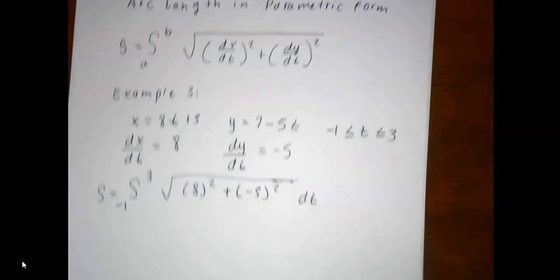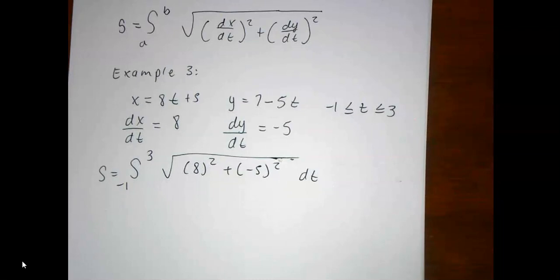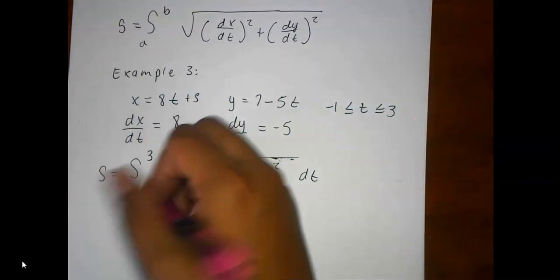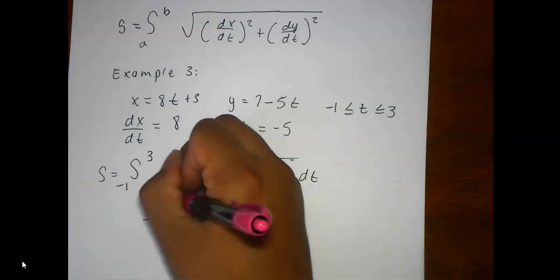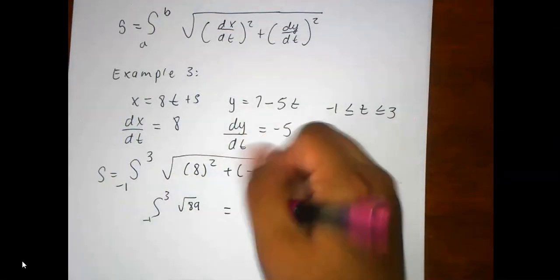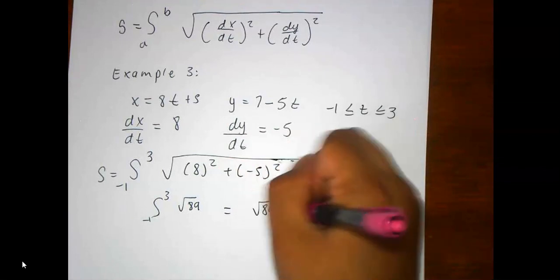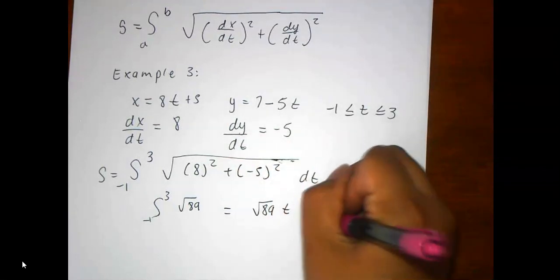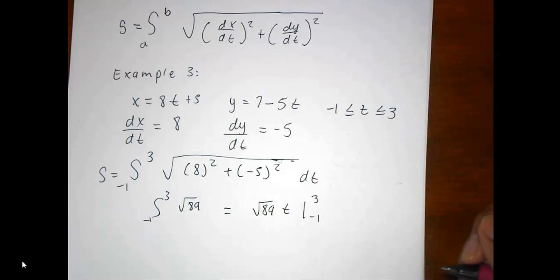Okay, so 8 squared is 64, and negative 5 squared is 25. We add, and we get the square root of 89. When we take the integral, it will be the square root of 89 times t from -1 all the way to 3.